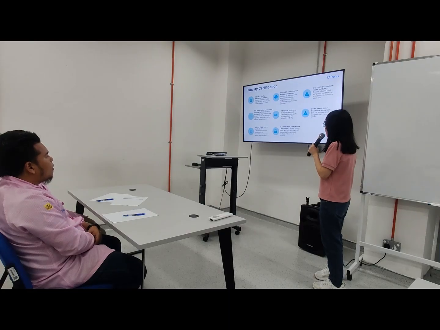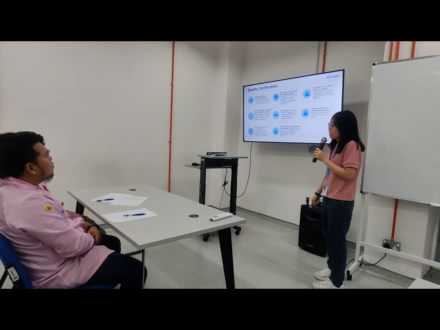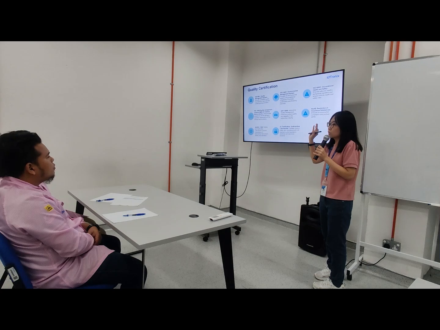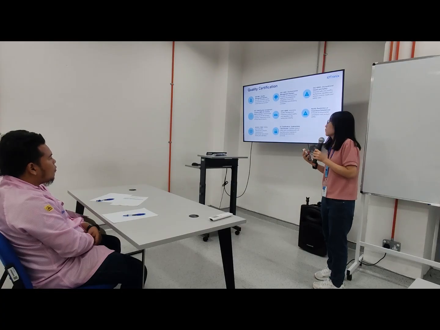Okay, these are the quality certifications. If you are in the quality department, this will be obvious, you will hear about it. These are all the ISO certifications or other certifications that quality normally must have.